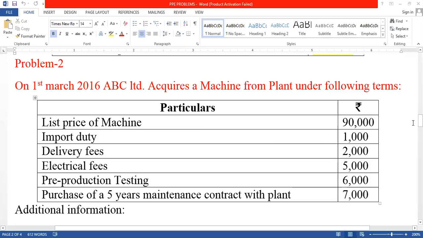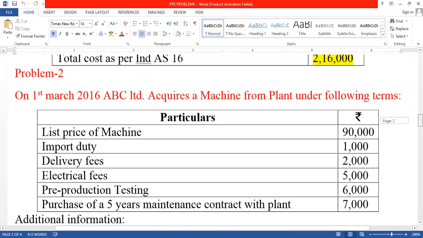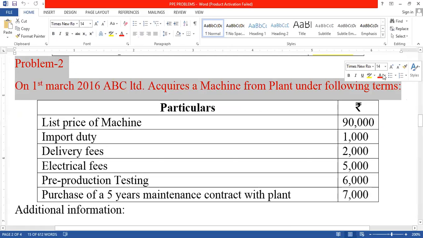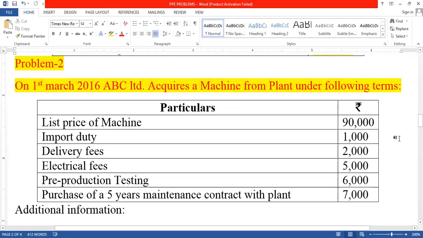See, my dear students, in this class we are discussing the second problem of property, plant, and equipment in the same format statement. You should read this second problem. What information have they given us?